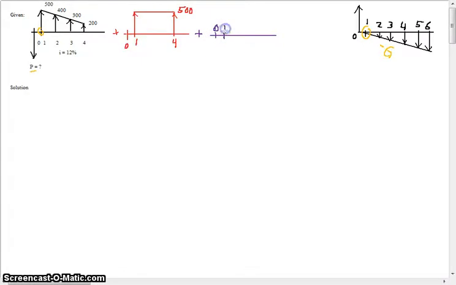Then in year 1 it should also be 0 and should then decrease from there to year 4. So 1, 2, 3, and 4. And this is our G, and our G is equal to 100 in this problem. It's decreasing by 100 each time.